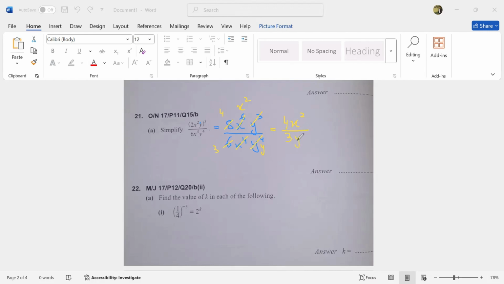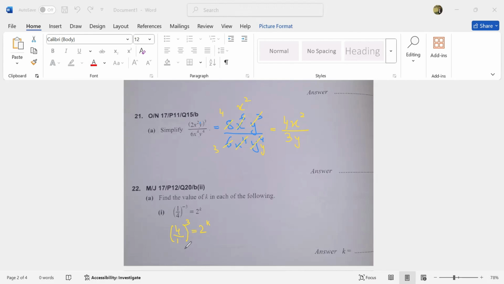Next, find the value of k in each of the following. 1 upon 4 raised to the power minus 3. Same thing, changing negative power to positive, we will get 4 power 3, copying k. Now, as on the right side of the equal sign our base is 2, we have to transform the left side also to base 2.